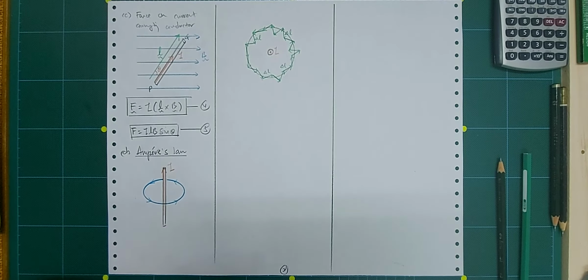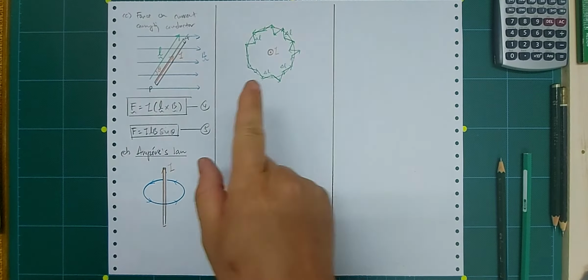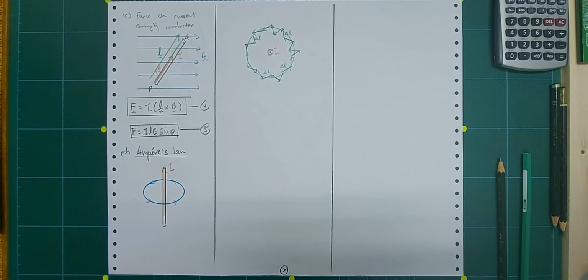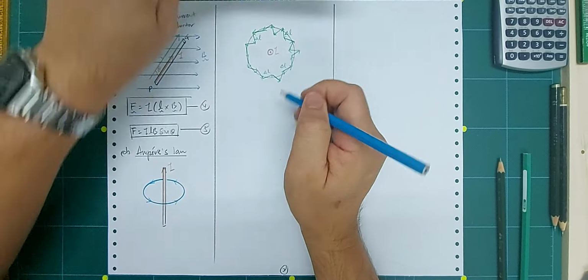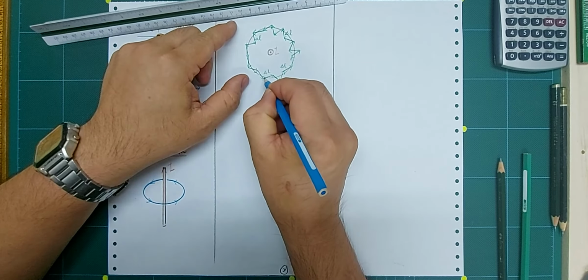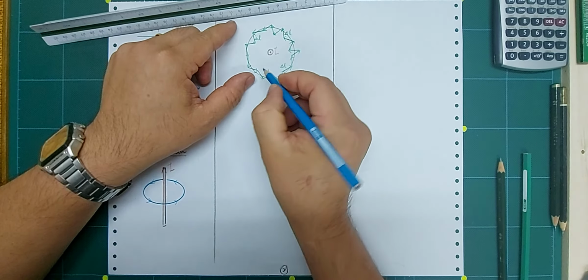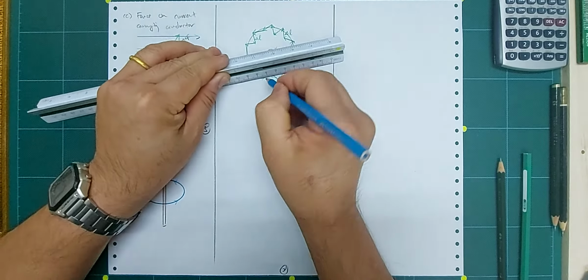According to Ampere, what he discovered is that if we draw the magnetic field, blue color here, and we multiply this value delta L with the component of the magnetic field which is in that direction.